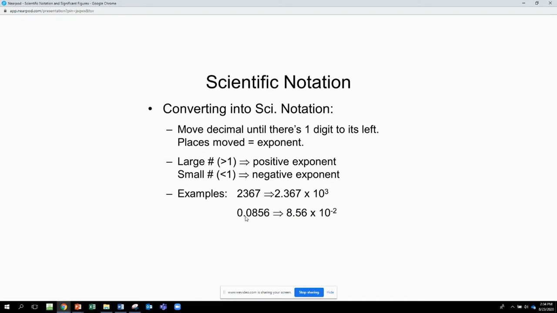How many spots did we move that decimal? We moved it 2 spots. Now we have to figure out whether that exponent is positive or negative. If your original number was smaller than 1, and this is smaller than 1, then it's going to be negative.